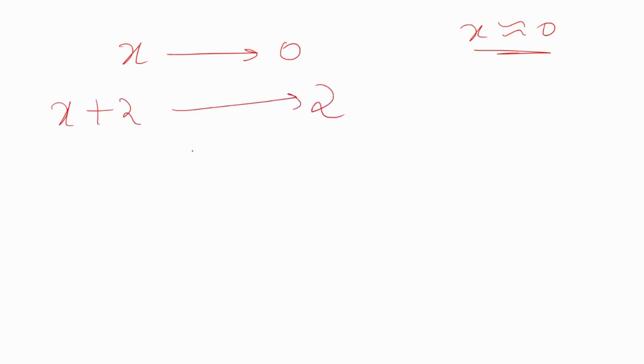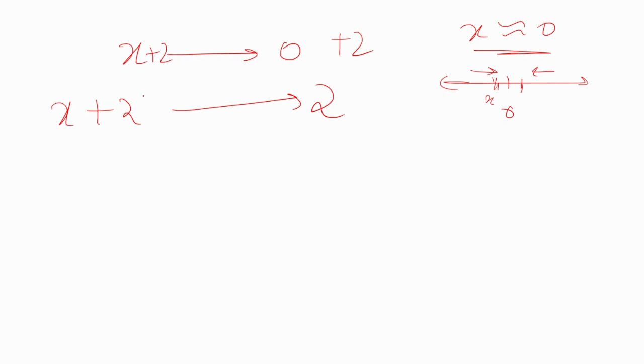Now a lot of you might be confused by what I did. If x is approaching 0, it means x is very close to 0 but not 0. It means that x plus 2 is approaching 2, right? If I add 2 over here, I have to add 2 over here. So basically, if x is approaching 0, on the number line the value of x is very close to 0, but not exactly 0.